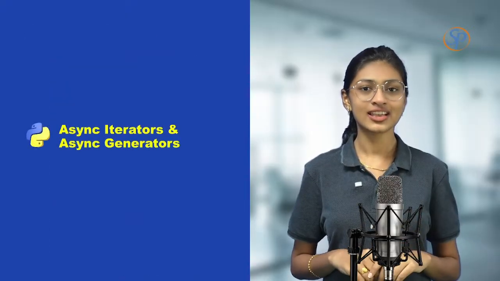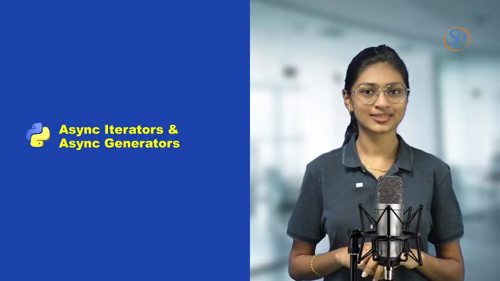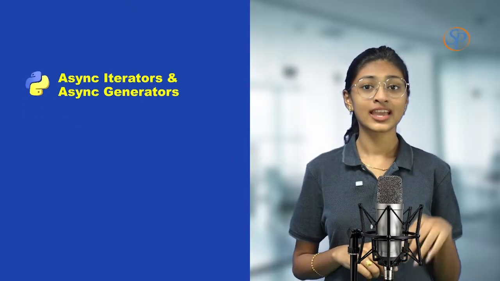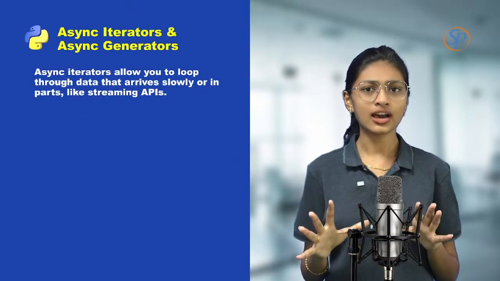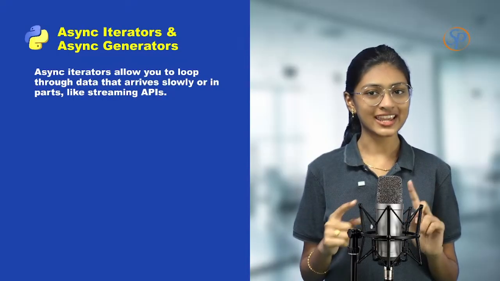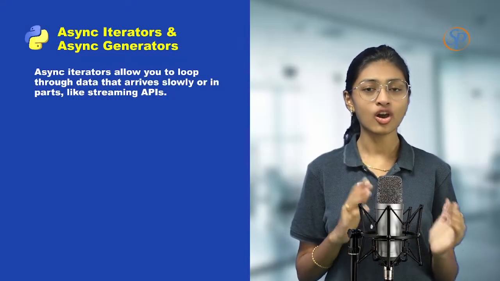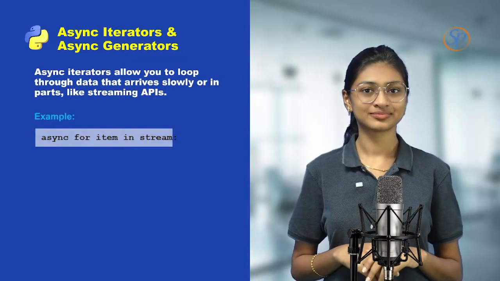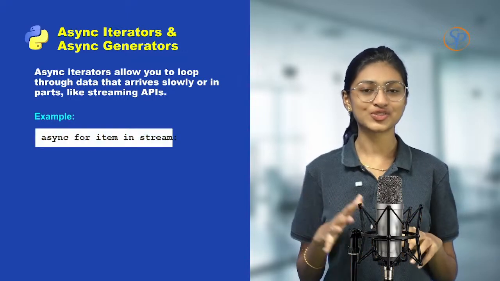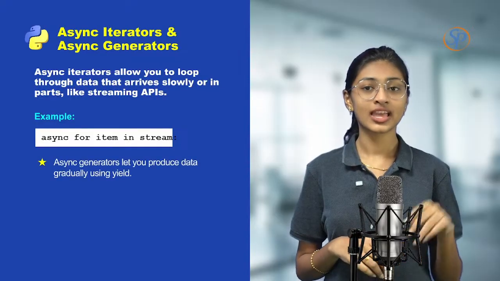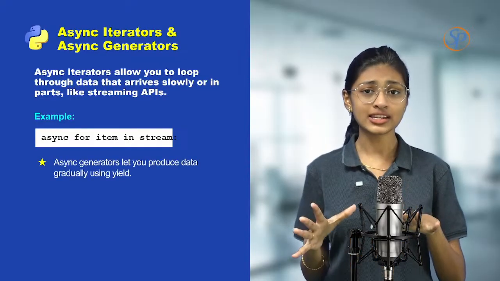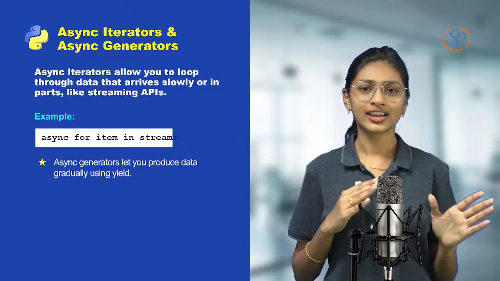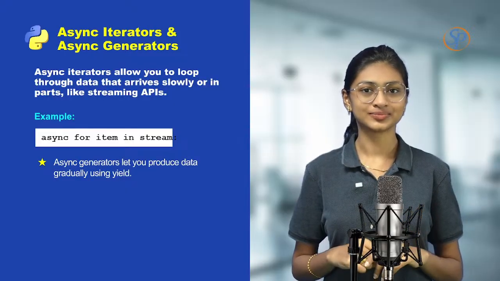Async iterators and async generators. Async iterators allow you to loop through data that arrives slowly or in parts, like streaming APIs: async for item in stream. Async generators let you produce data gradually using yield.